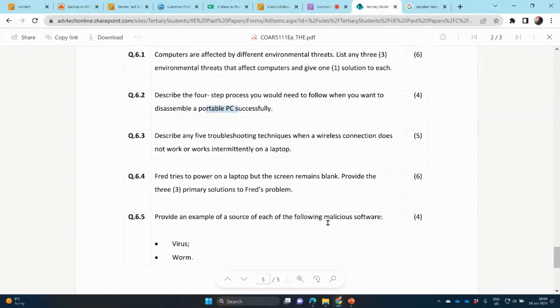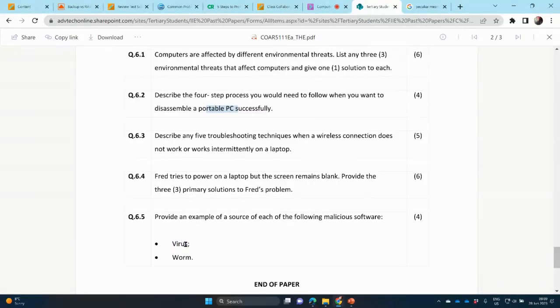Provide an example of a source for each of these malicious software. Source means where did it come from? Viruses can come from emails, they can come from programs. So don't just describe what a virus is. Tell me where the source was. So I opened an email attachment and then the virus was attached to the email.